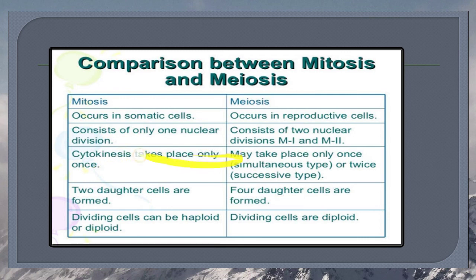Cytokinesis takes place only once in mitosis, while in meiosis it may take place only once or twice. Two daughter cells are formed as a result of mitosis, while four daughter cells are formed as a result of meiosis. Dividing cells can be haploid or diploid in mitosis, while dividing cells are always diploid in meiosis.